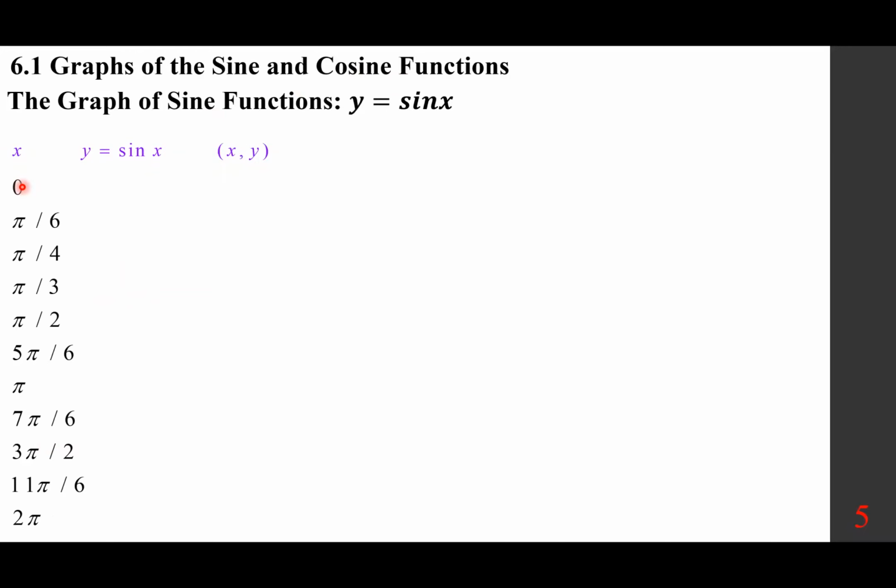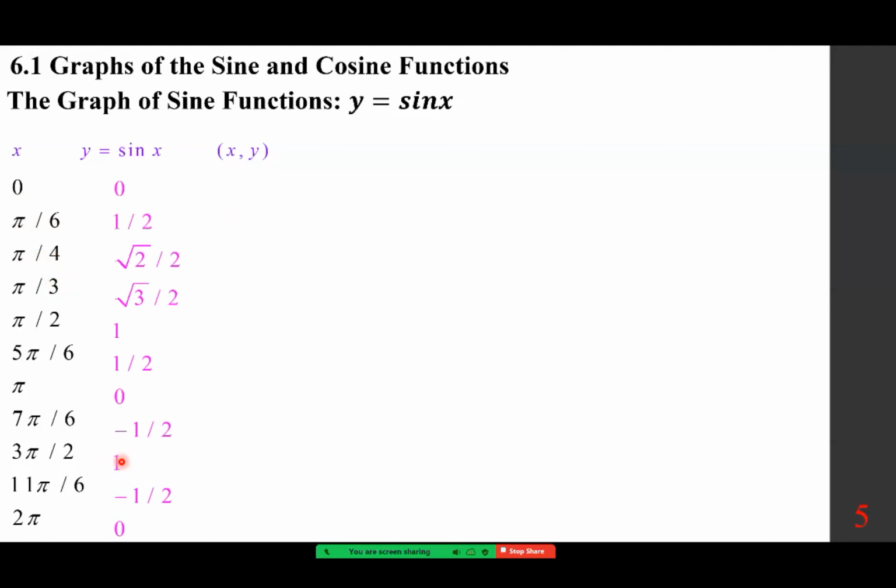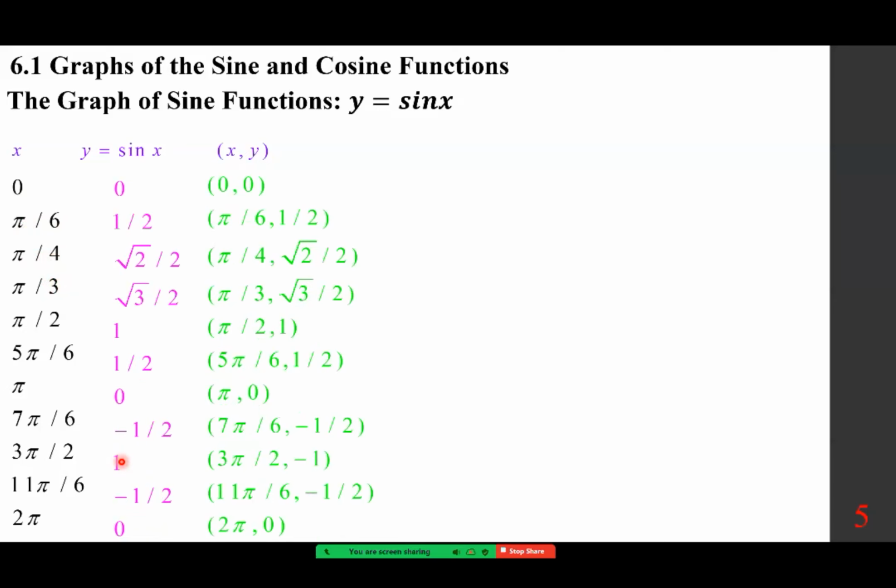For example, the sine of 0 is 0, so we have 0, 0 here. Pi over 6, or 30 degrees, sine is 1/2, so pi over 6 comma 1/2. Pi over 4, square root of 2 over 2. Pi over 3, square root of 3 over 2, and so on and so forth. So we write those values, and all you have to do is plot those pairs.